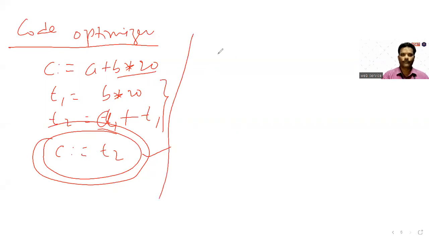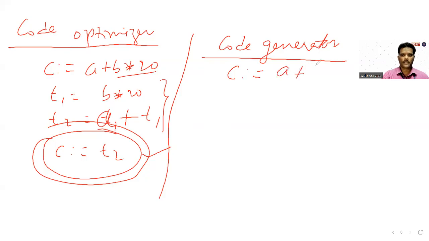And coming to the code generator. What is the code generator? Suppose the equation is A plus B star 20. In the code generator, suppose I take A as R0, B as R1, and 20 as R2.